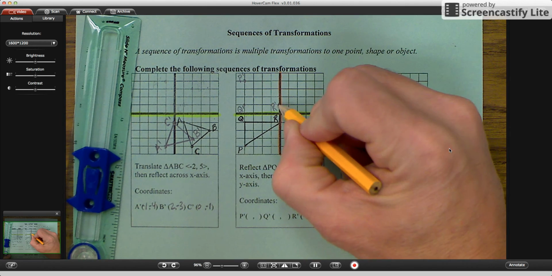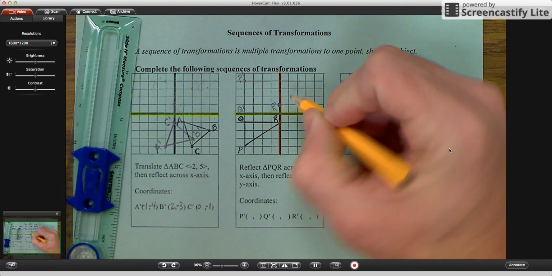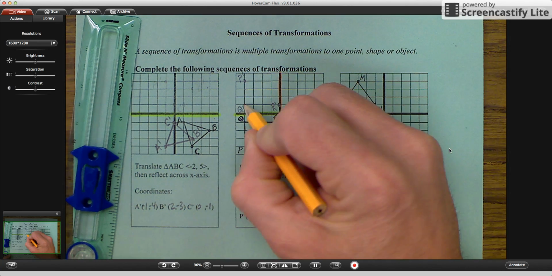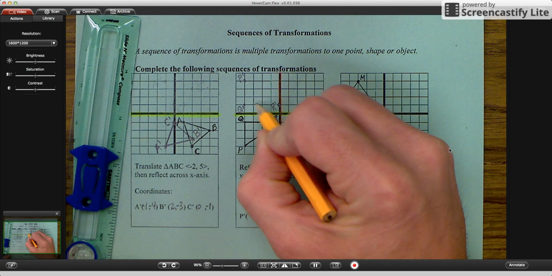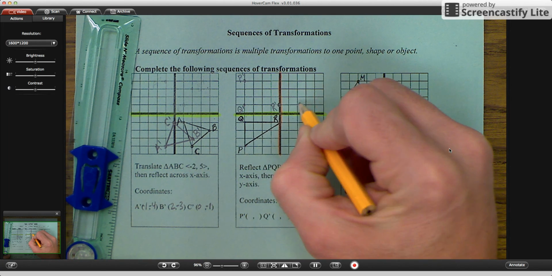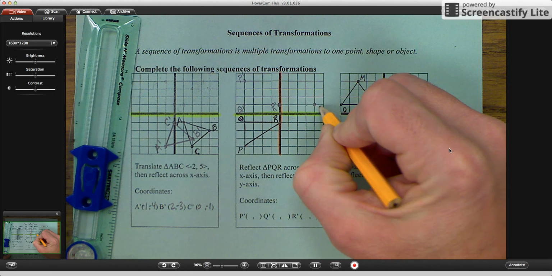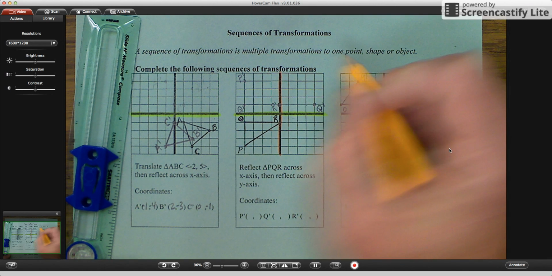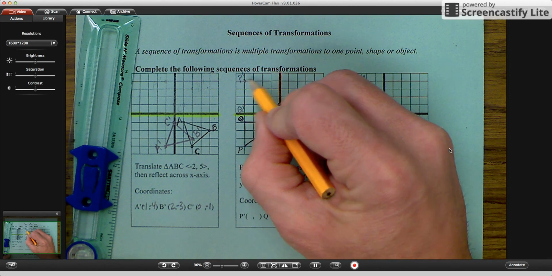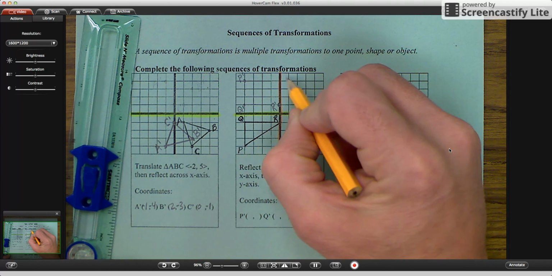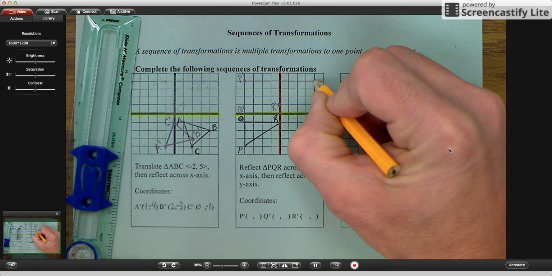And I'm going to see, oh, R stays there. So I'm just going to leave R prime there. Q is going to go 1, 2, 3, 4 units over. Q prime. And P is the same direction as Q, so 1, 2, 3, 4.